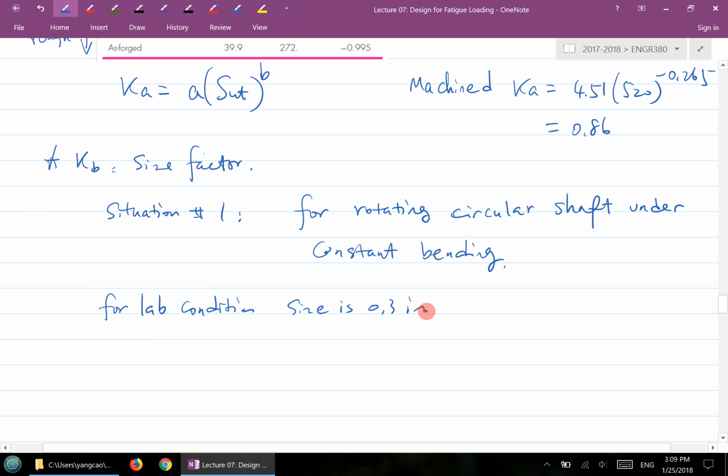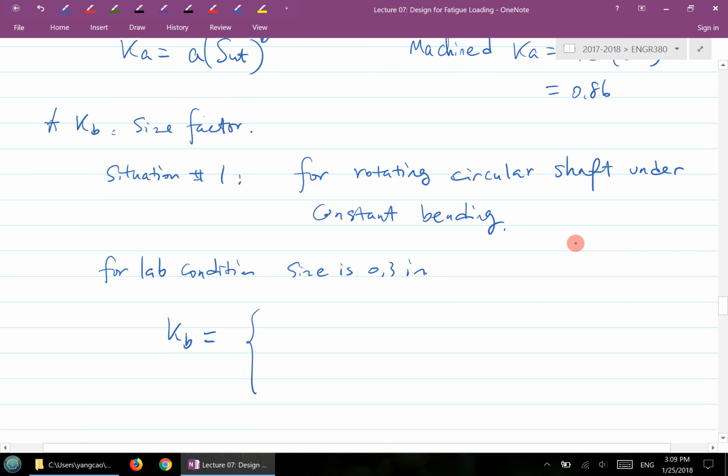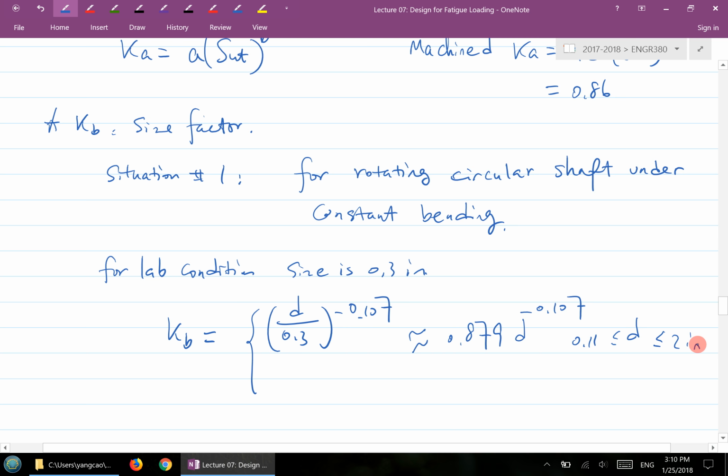So now if you have a different size other than 0.3, you use this formula to calculate the Kb: D over 0.3, to the power negative 0.103. This can also be simplified into 0.879 D to the power of this, when D is between 0.11 and 2 inch.